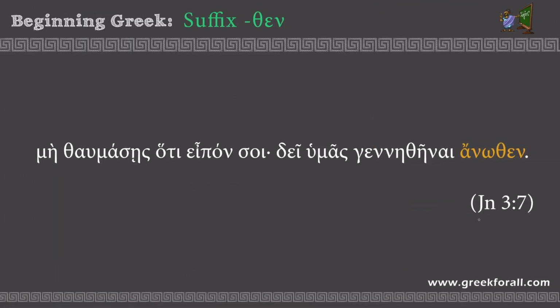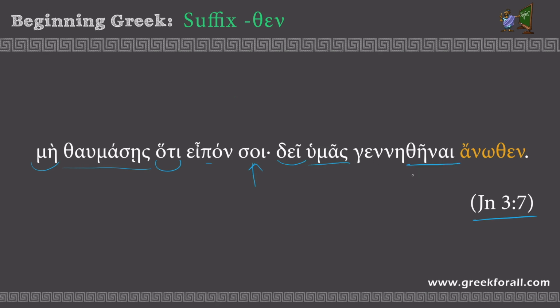The first example comes from the Gospel of John, chapter 3, the dialogue between Jesus and Nicodemus. Let's read. Me thaumases hoti eipon soi dei humas genethenai anothen. So do not marvel that I said to you, it is necessary for you to be born.